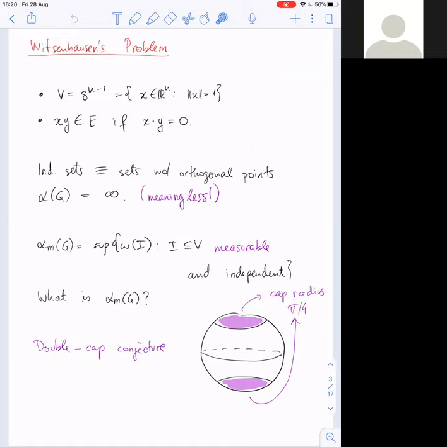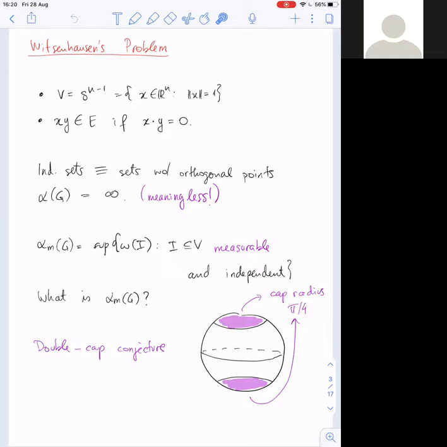And you can have sets without orthogonal points that have infinitely many points. So any small enough spherical cap is such a set, right? So the independence number of your graph is infinite, which means that this independence number doesn't say much. So it is a meaningless parameter here.